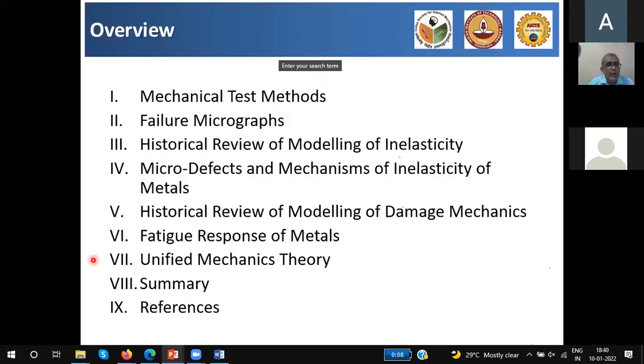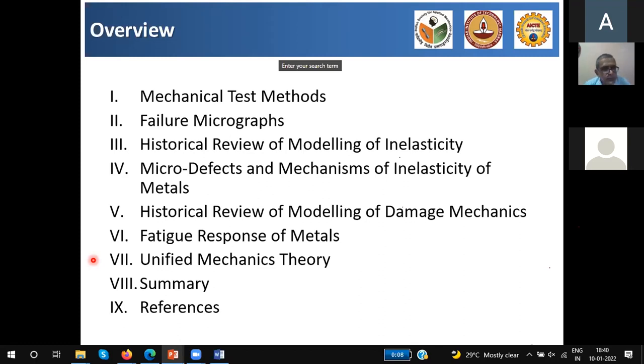So what we will go through, we'll have a good review of the mechanical testing methods that are normally done on metals and perhaps on many other materials, and look into some failure micrographs. We will briefly go into the historical review of modeling of inelasticity in metals.